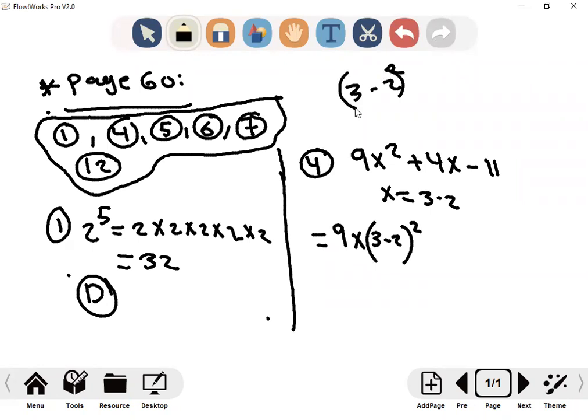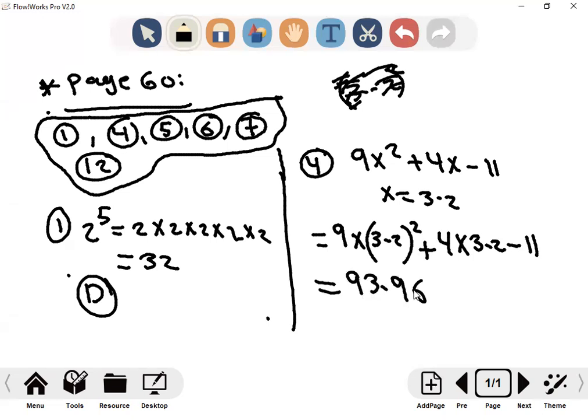No, the power is for the whole number, okay? Just to make sure that you are not confused. Plus, minus 11. Did you calculate it? Excellent. 93.96, which is part D. This is question 1 and question 4, guys. Copy the steps. Don't just select.